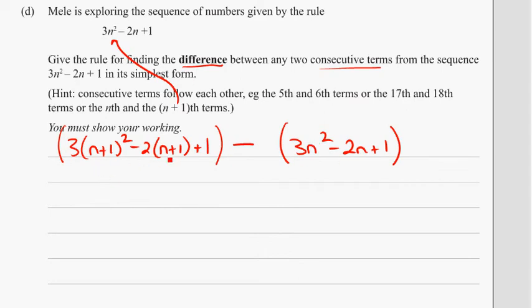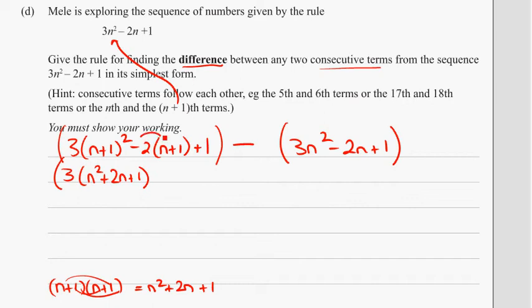Right, there's a bit of expanding to do in here. Now we need to do n plus 1 squared, so somewhere we need to expand that. Plus 1n plus 1n is plus 2n plus 1. So we'll go back up and we'll put it in here. Now I've got minus 2n, minus 2 plus 1.